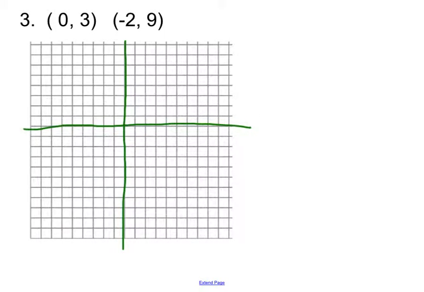So 0, 3, let's do that here, and negative 2, 9. Didn't make it large enough. Let's move that line down. Okay, so 0, 3, negative 2, 9.